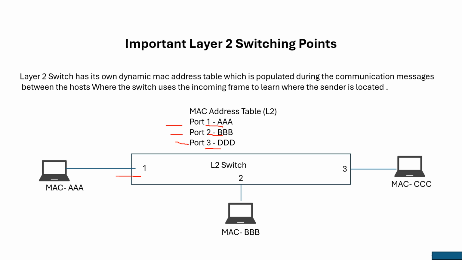The point dynamic is very important over here. Why? The MAC address can change also. For example, another PC can connect to slot 1 and replace this PC, and this will also be dynamically updated. Hence we call it a dynamic MAC address table in the switch.